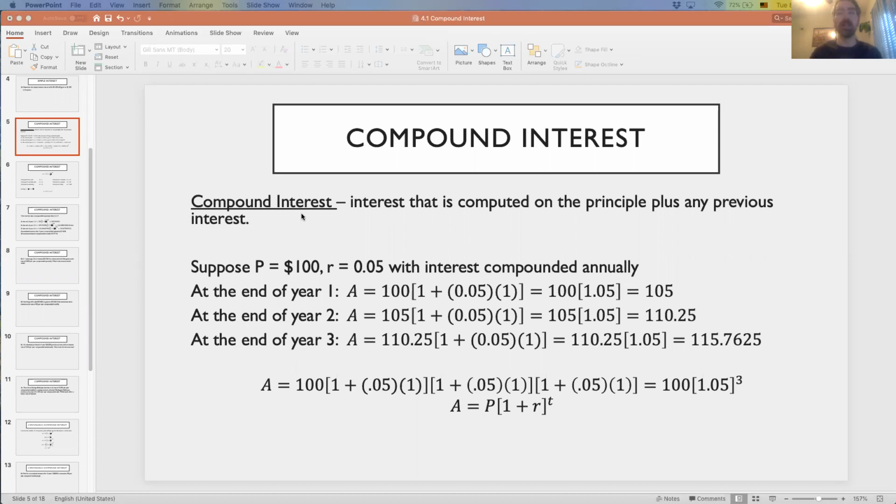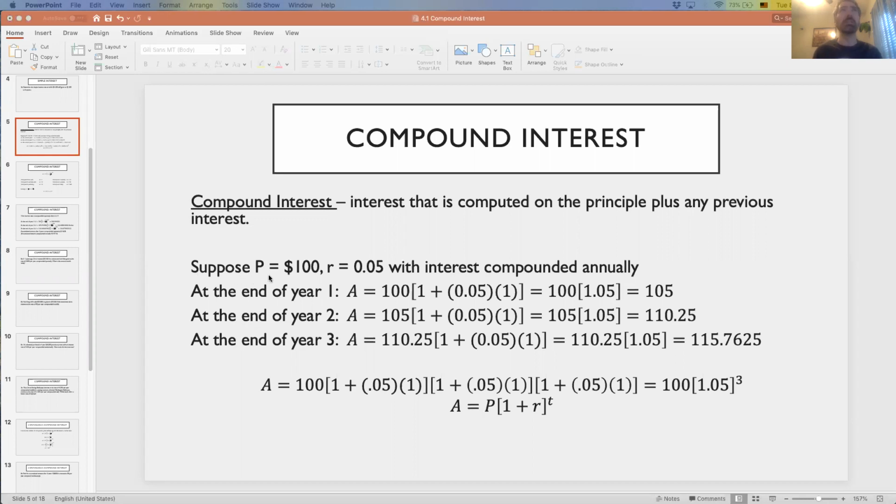All right, so compound interest definition: the interest that's computed on the principal plus any previous interest. Okay, so just a quick note on how this works. We can take a look at the formula that we saw in the last video on simple interest.